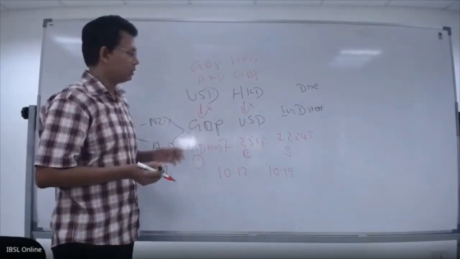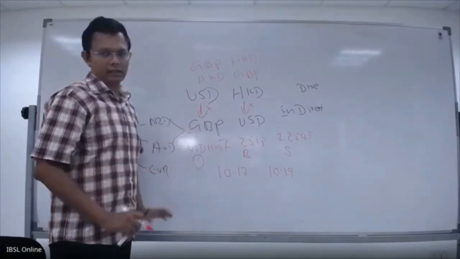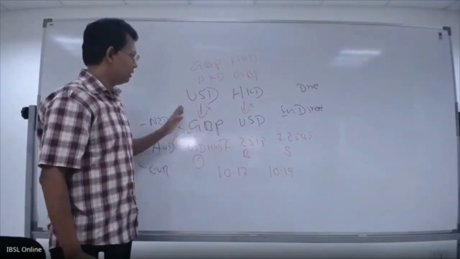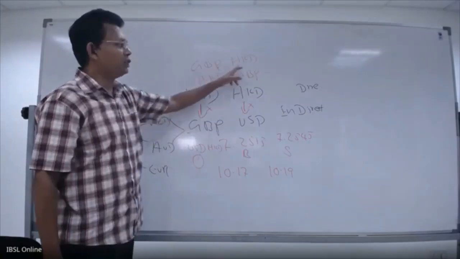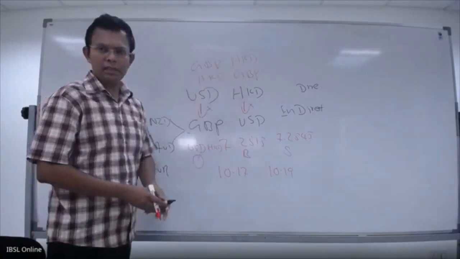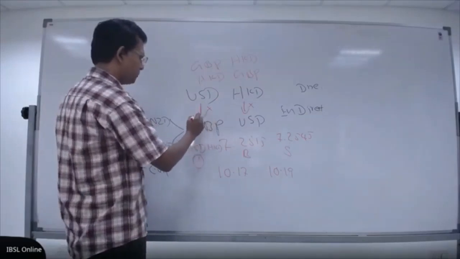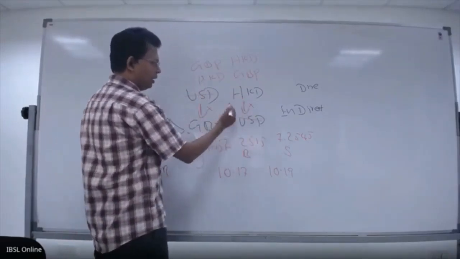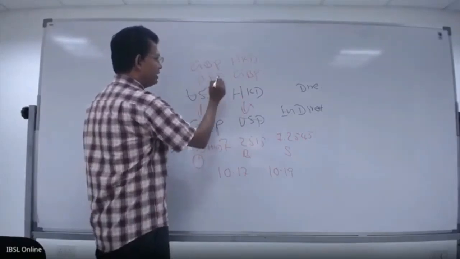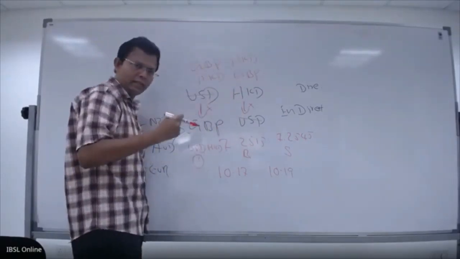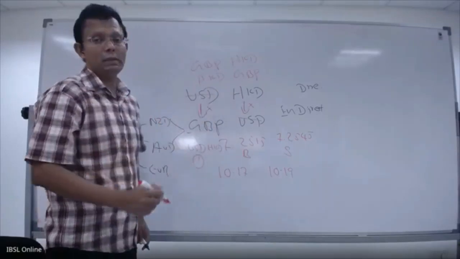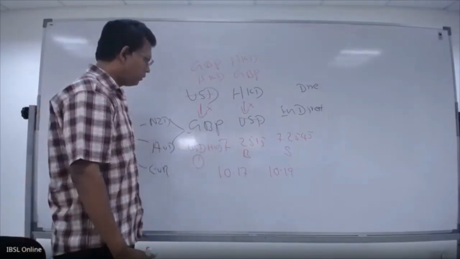Why have we used direct and indirect? Now we are going to find out either GBP HKD or HKD GBP. These are common. Then either one GBP equals how much HKD, or 1 HKD equals how much GBP. Now you got the answer.